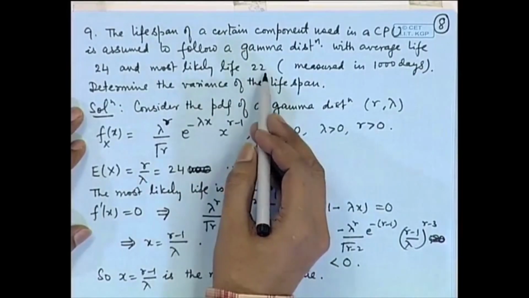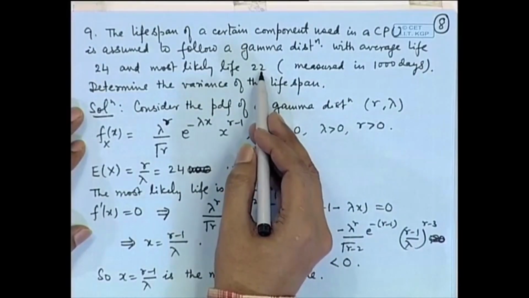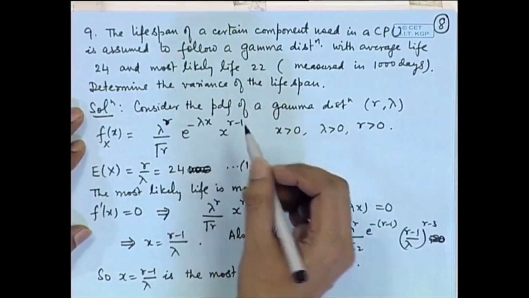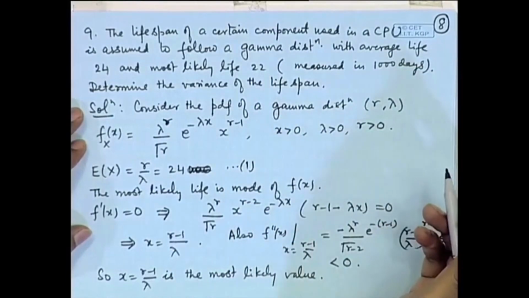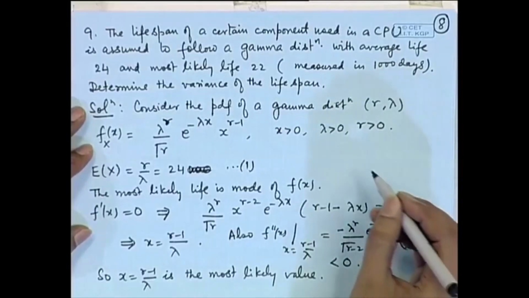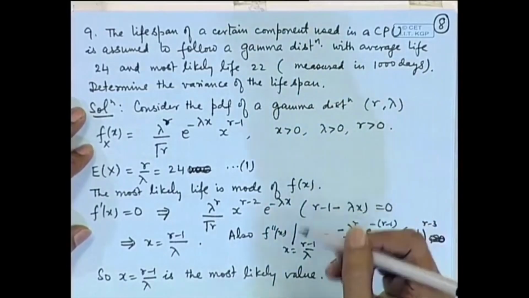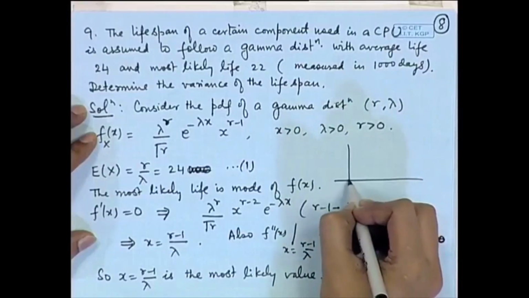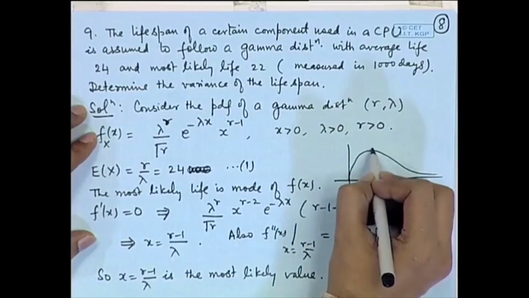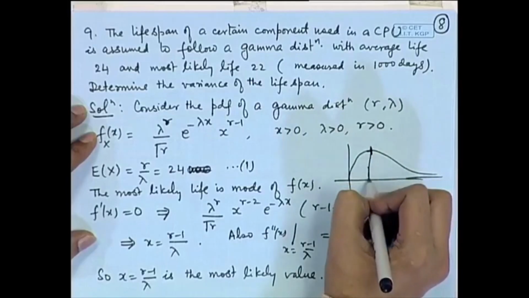The most likely life. By most likely life we mean the maximum value of the density function. In the discrete case, it would mean the point corresponding to the maximum probability mass function, and the analogous value in the continuous case is the mode of the distribution. If we have the density function like this, then the maximum value is attained at this point.